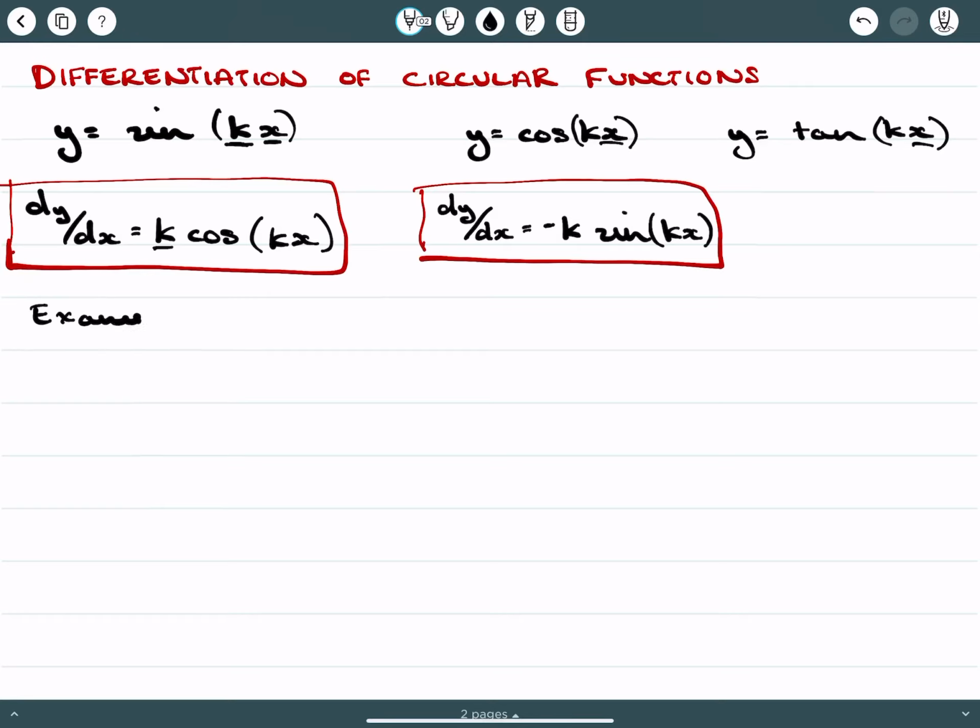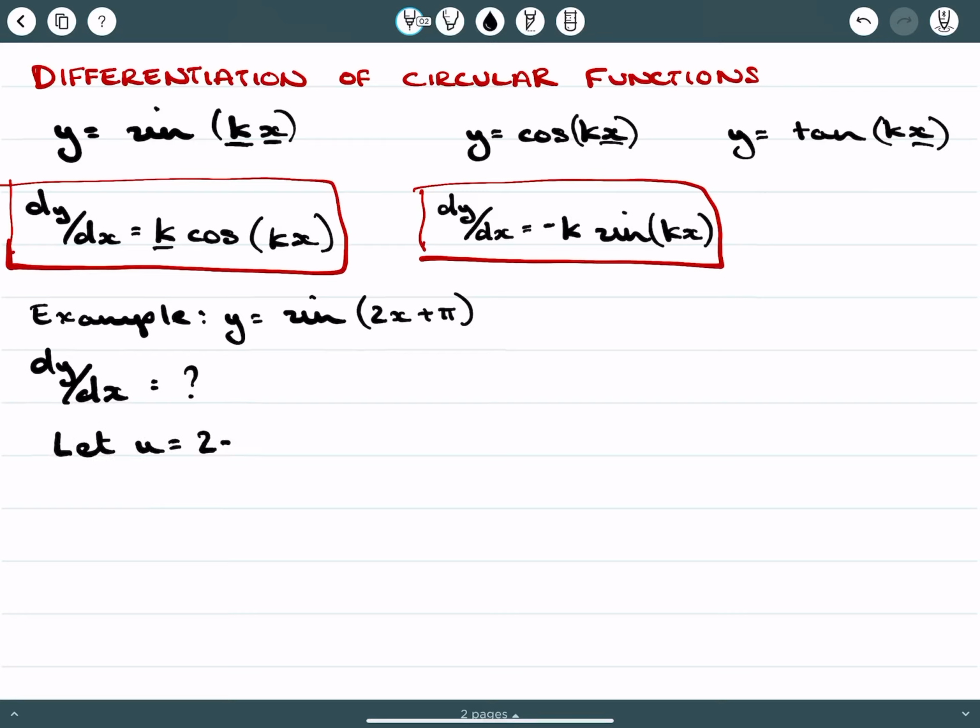Let's say y equals sin(2x plus pi), and I want to establish what dy/dx is going to be. I would use the chain rule here. Let u equal 2x plus pi, and du/dx equals 2.